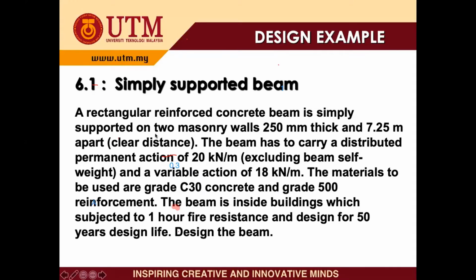Okay, we have the example here. A rectangular reinforced concrete beam, simply supported on 2 masonry walls, 250 mm thick and 7.25 m apart, clear distance. The beam has to carry a distributed permanent action of 20, excluding self-weight. So this is permanent action, but without self-weight of the beam, and variable action of 18.